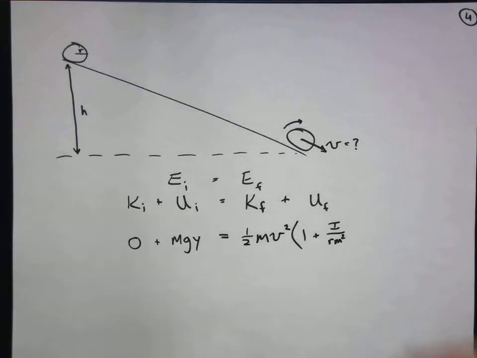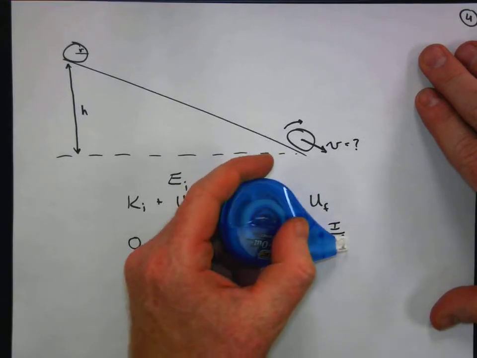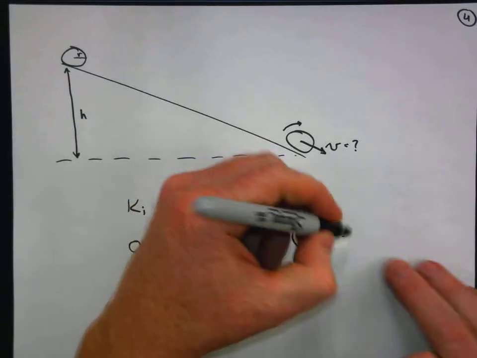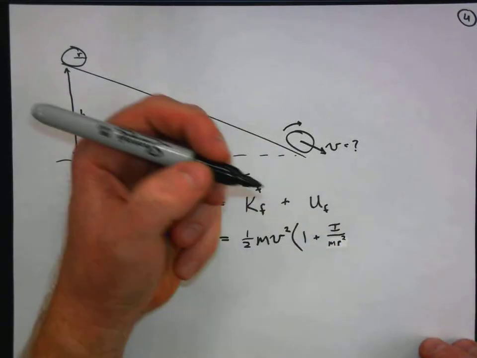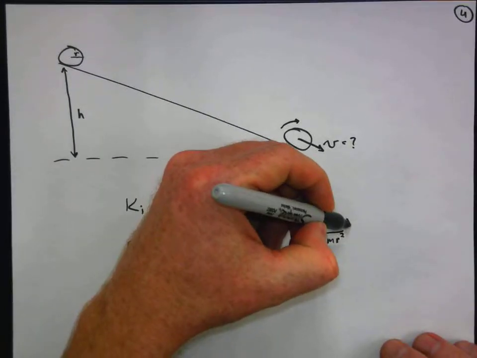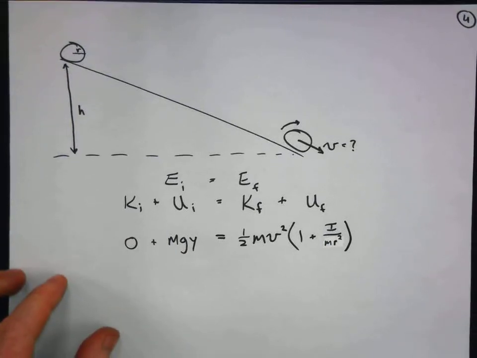Sorry, erase that. How about we do mass times radius squared? That looks much better. Sorry about that. Brain's not working as fast as the pen is.